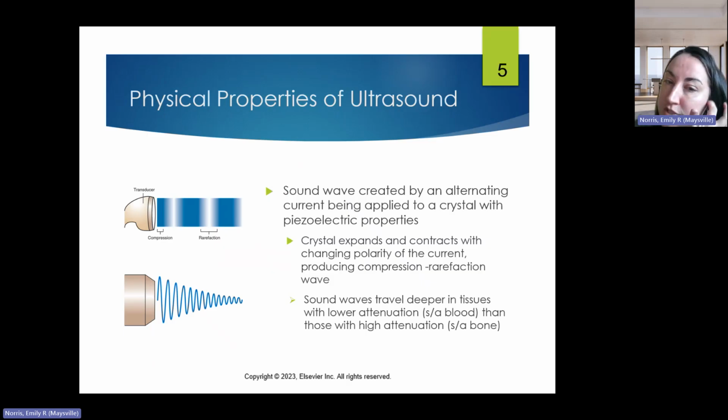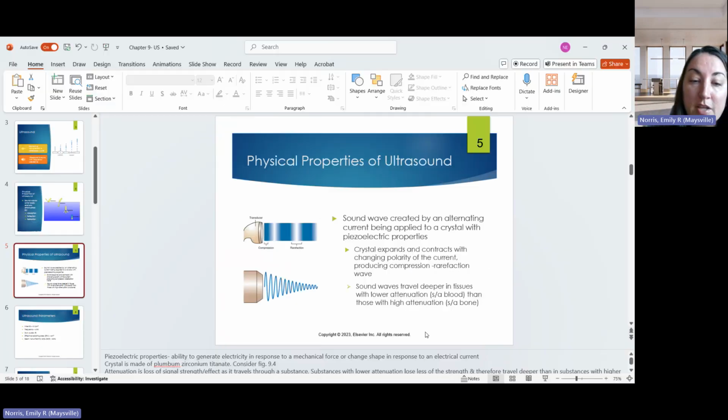Some of the properties of ultrasound. Sound waves are created by an alternating current being applied to a crystal with piezoelectric properties. What that means is something can generate electricity in response to mechanical force, or it can change its shape in response to an electrical current.